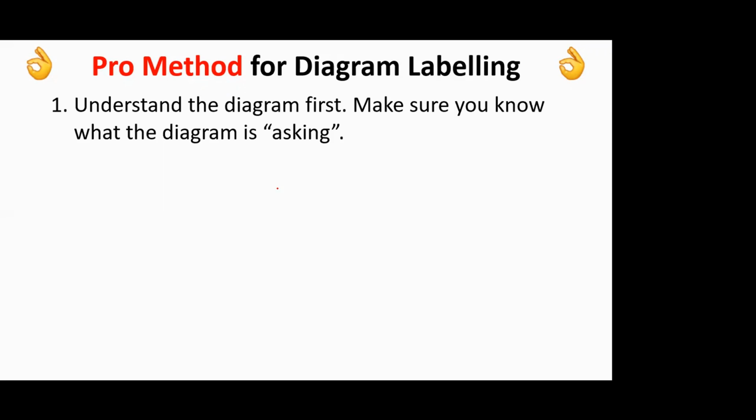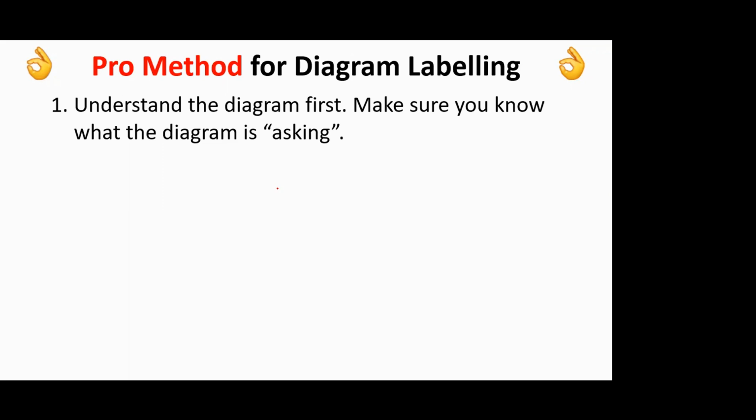So the first thing that you want to do with these is make sure you understand the diagram first. Don't even look at the passage yet until you've really looked at the diagram and understood it. Wrapped into that diagram somewhere are some questions or places where you need to put answers. You need to know what you're looking for before you go to the passage and look for it.